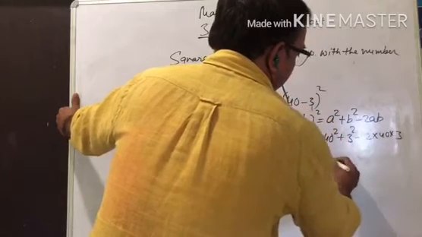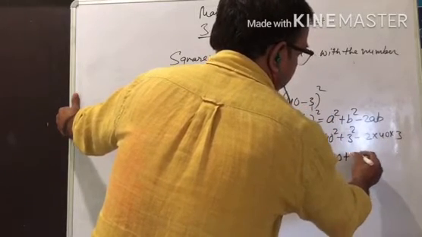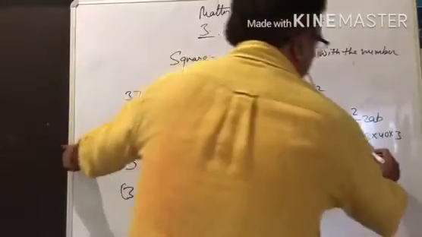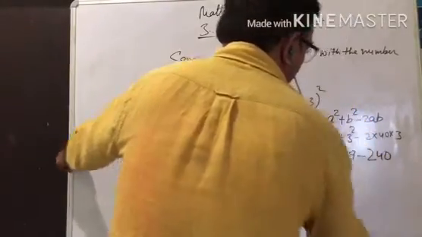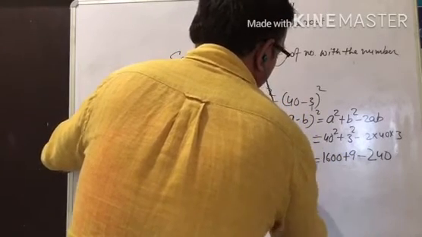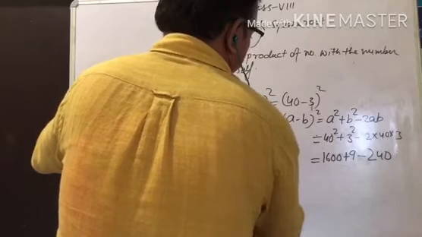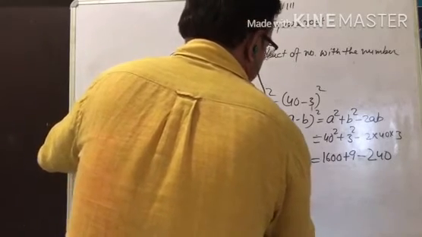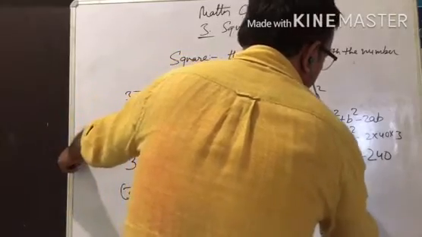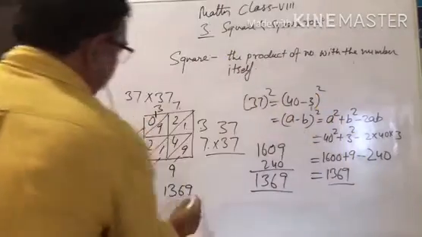It will be 1600 plus 9 minus 240. So this is 1609, and you reduce 240. So it will be 9, then carry over, 6, and 3, 1, so it will be 1369, and the answer is the same.